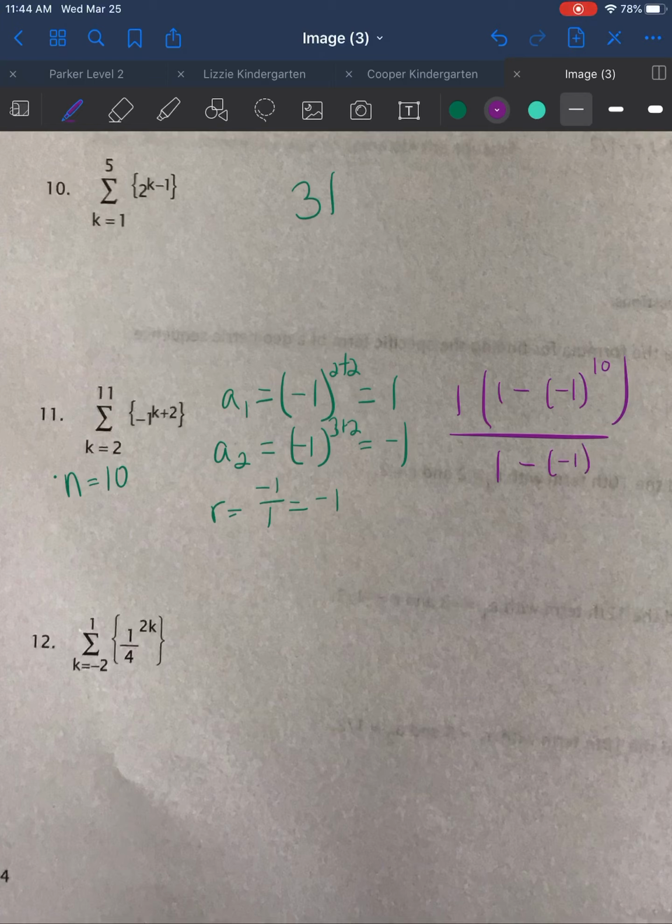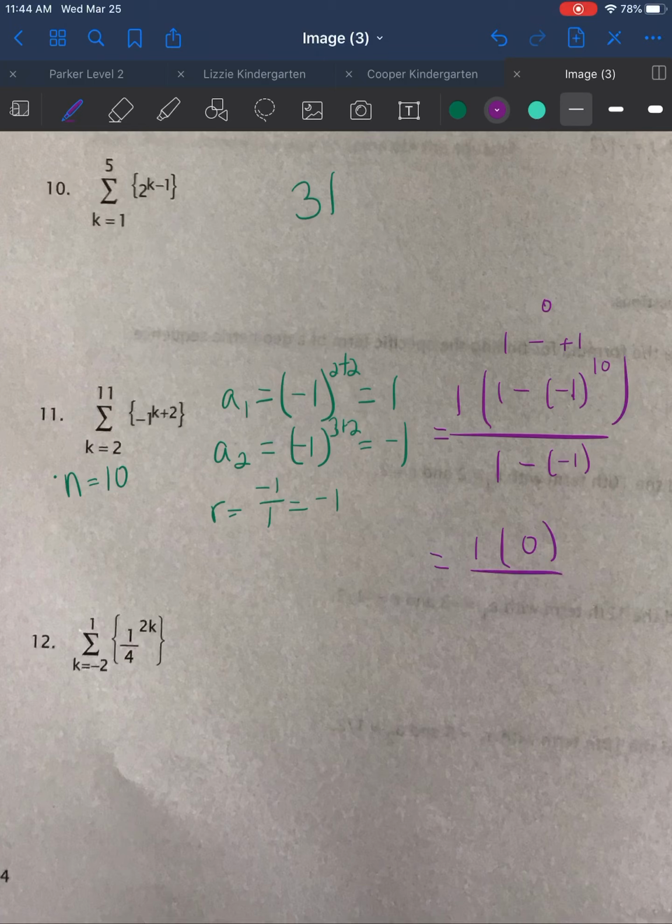We've got a party of negatives happening here, so be real careful as you do this. So 1 times negative 1 to the 10th power is positive 1. 1 minus positive 1 is 0, so we're going to have a 0 up here.